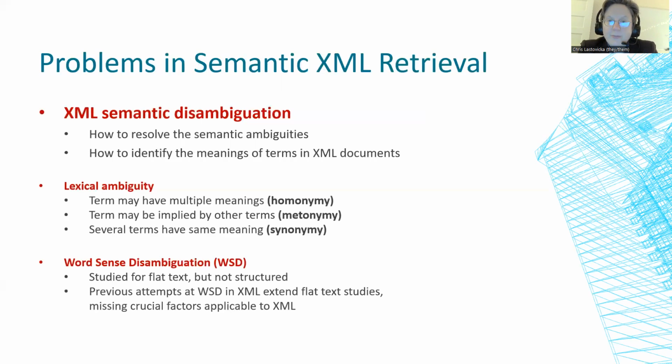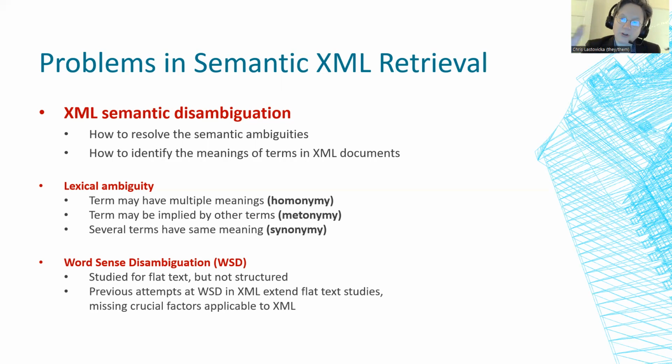Some of the problems in semantic XML retrieval are what I just talked about, that there's what's called semantic disambiguation. And that means the terms are not clearly defined. It's not easy to tell what some of these terms mean. Some of the reason for this is that the terms have multiple meanings.